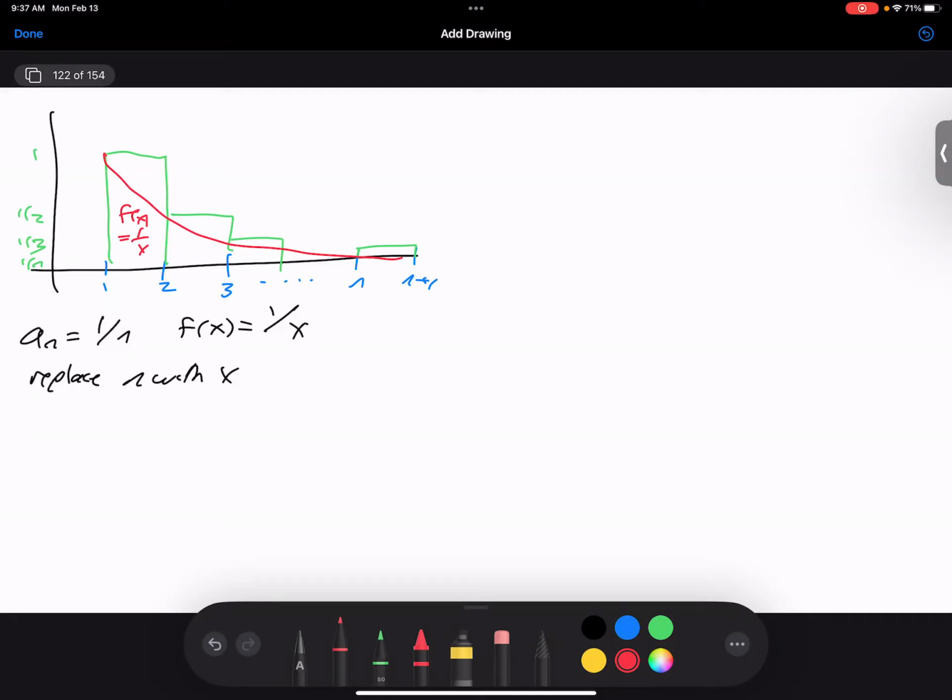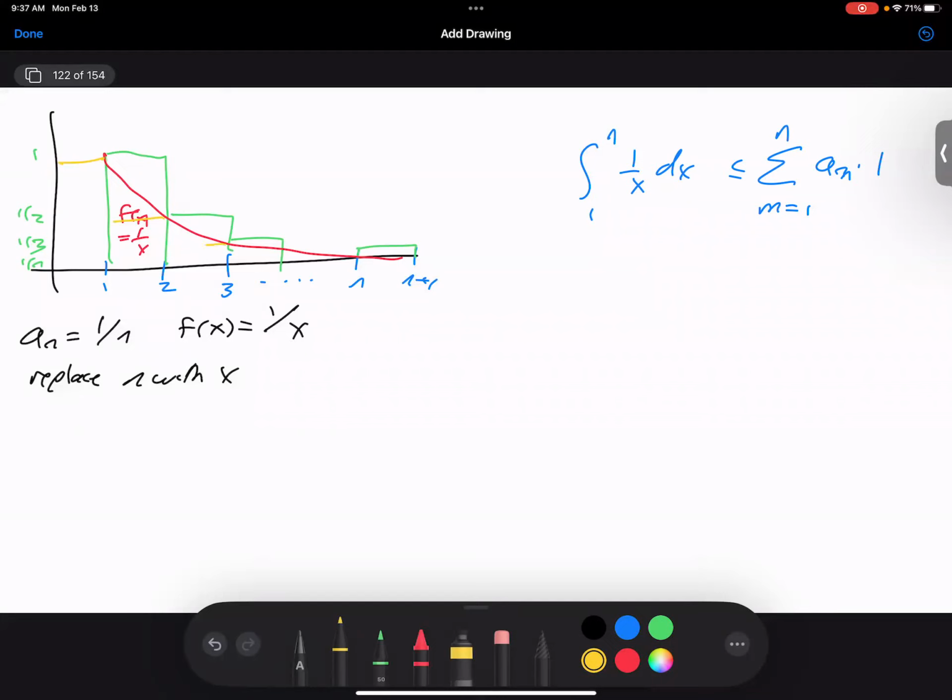So if I integrate from 1 to n of 1 over x dx, that's going to be less than or equal to the sum of a_m times, I guess I'll do a_m times 1, m goes from 1 to say n, because all of the boxes have width 1. I could also have my boxes go the other direction.